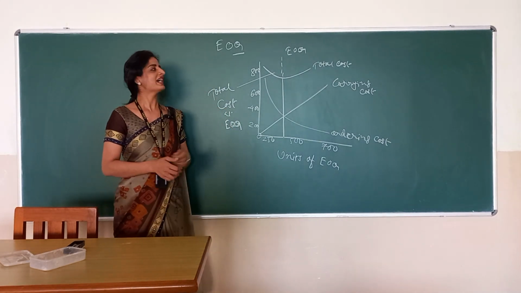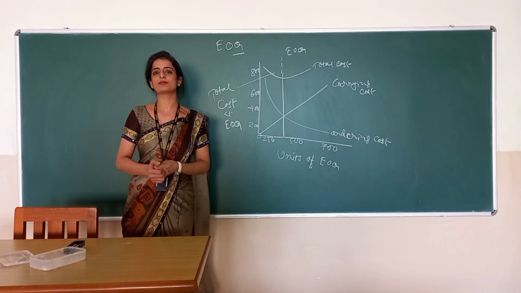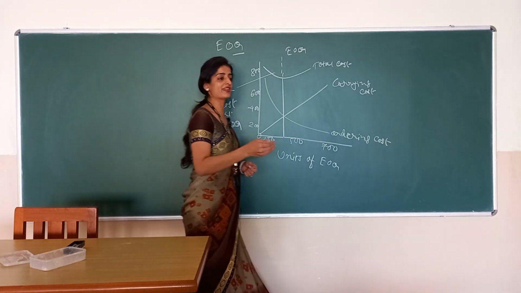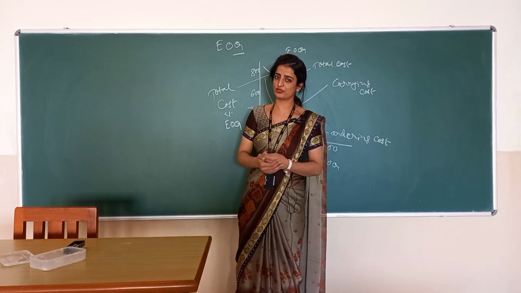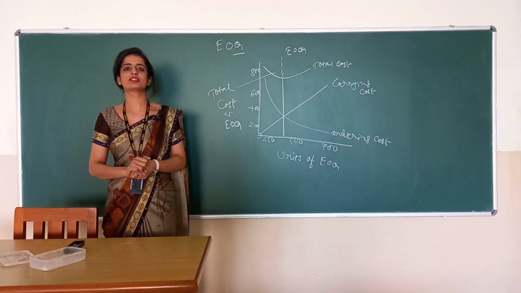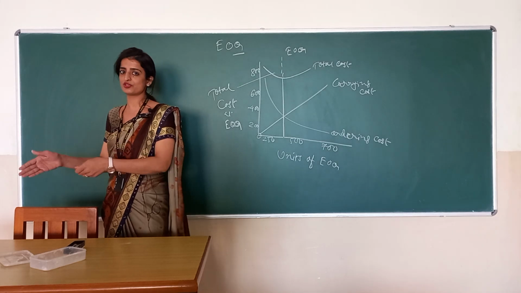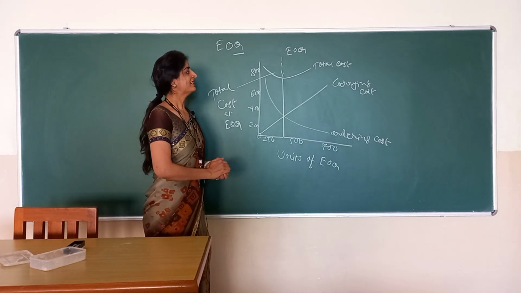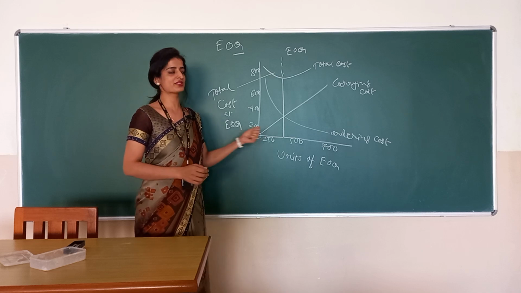At that time this EOQ concept can help you a lot. This EOQ concept would let you know at what time what quantity should be placed, so that the investment you have in the stock should not be too much and should not be too less. Okay. So let's understand the EOQ concept with the help of this diagram, students.